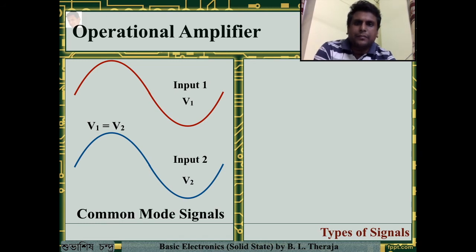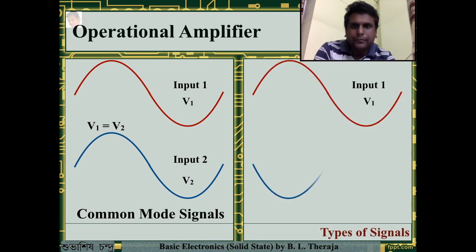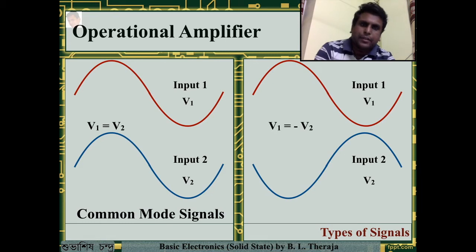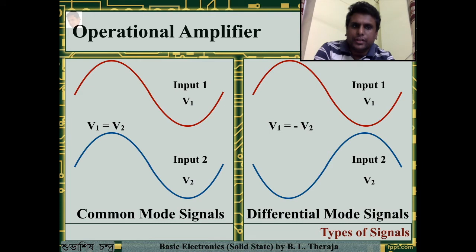The other way can be this way, in which both the signals are out of phase and their amplitude is the same. That is V1 equals minus V2, where minus represents that it is out of phase. This kind of signal is called the differential mode signal. We will use these signals when we consider double-ended input amplifiers.